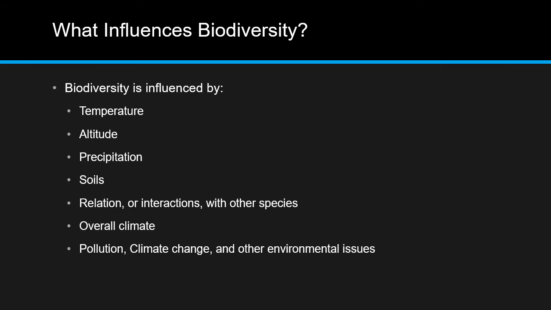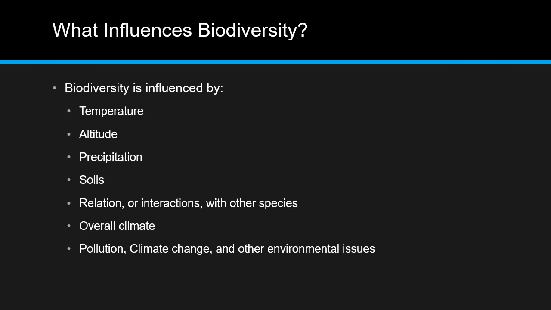But sometimes humans can have an impact on biodiversity. Humans have been known to cause a huge range of environmental issues, including pollution, right? The pollution of the water, of the air, of the land in ecosystems can cause a huge impact on biodiversity by leading to things like species decline and species extinction.